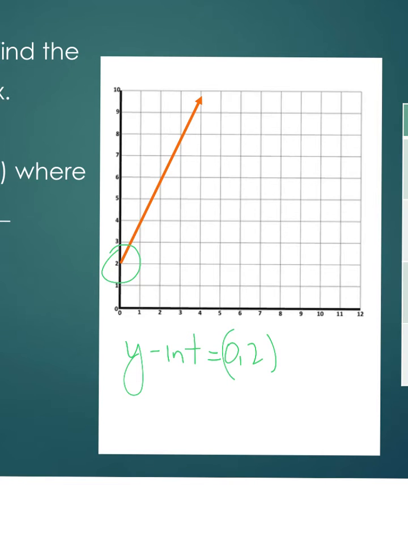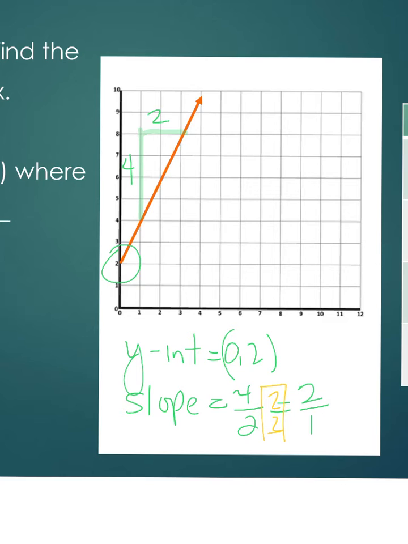Then I'm going to make a slope triangle right here, and I get a slope of 4 for every 2. Remember that works out to be simplified 2 for every 1, because I can divide by 2. 4 divided by 2 is 2.